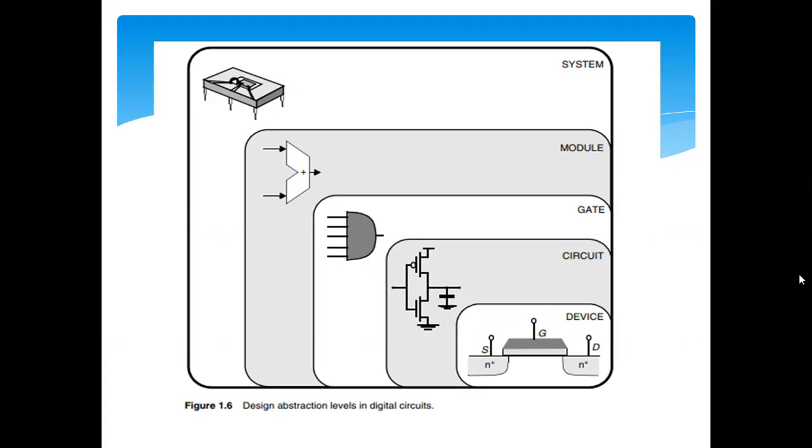It's the design abstraction levels in digital design. You might be aware of only the last one, the system level design, that is, an IC, an integrated circuit. But do you have any curiosity about what is inside that IC? That is the question.